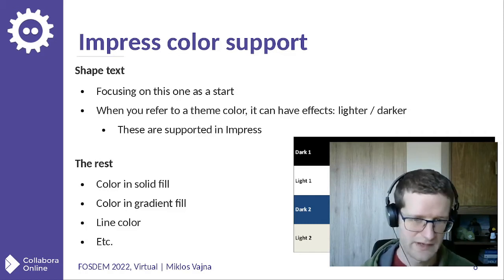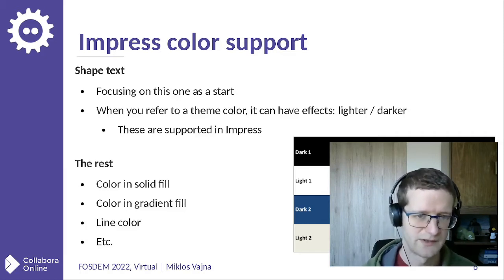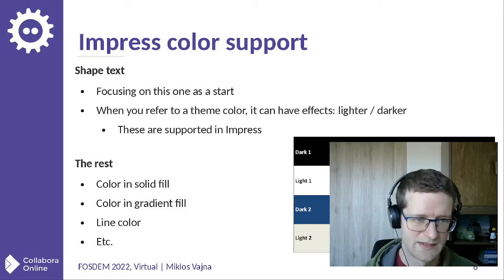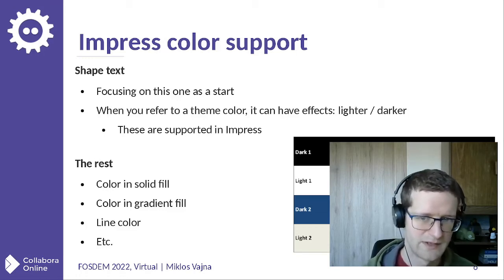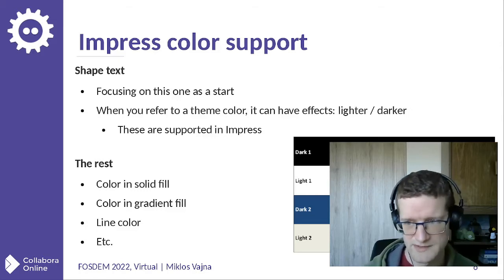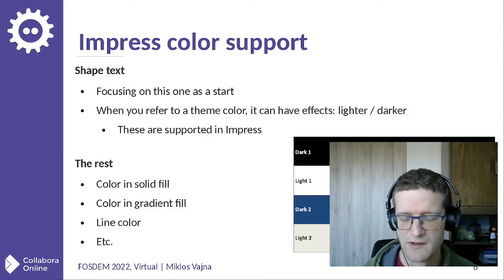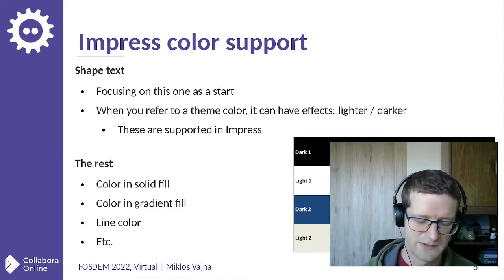You can use colors in many contexts. So again, you need to start somewhere. We focused on shape text as a start. This means that the intention is that when you refer to some theme color, then you can also have effects. So let's say you pick accent 6, which is this orange-ish color, but you might want to have some lighter or darker variant.